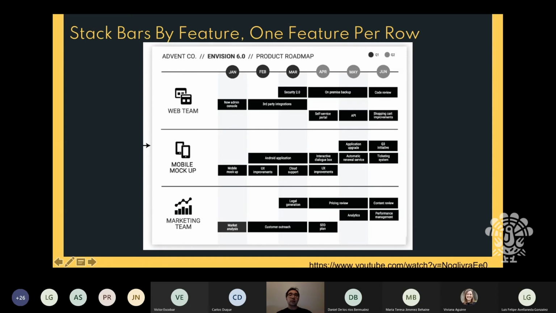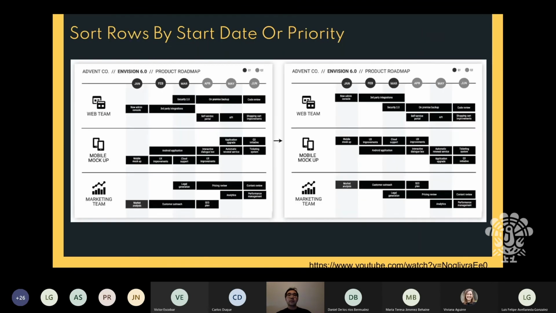and you know the sequence of the tasks. But if you have a small team, this still might be much more than what you can actually do. Okay? So maybe you say, look, with our team, we can only get so much done at a certain time. Okay, and if we did do them and prioritize them, this is the sequence and when we expect them to be complete. So you take your features and you take your tasks and you now sort them by the starting date or the priority, so that you start moving from the top left to the bottom right.